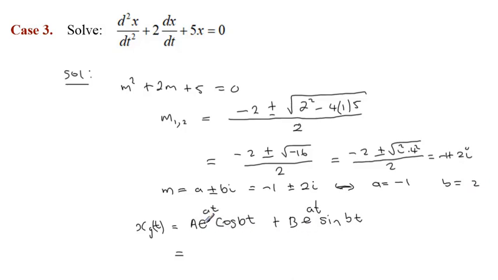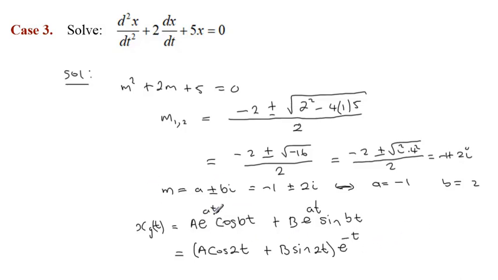We can see that e to the power a t is a common factor, so we write this as a cos 2t plus b sine 2t in brackets, multiplied by e to the power minus t, a being minus 1. This is what we saw.